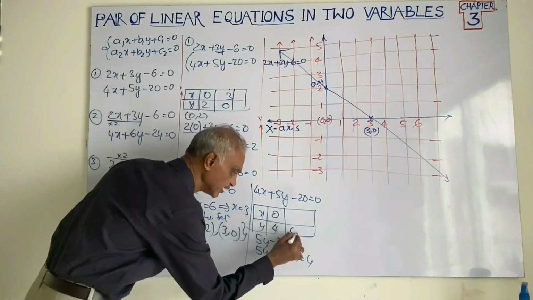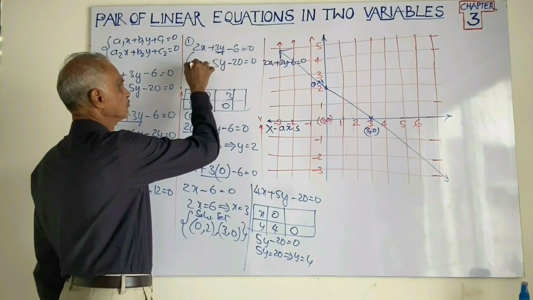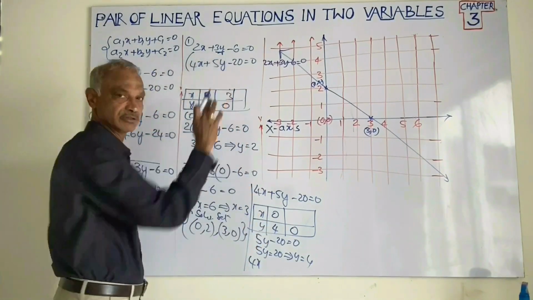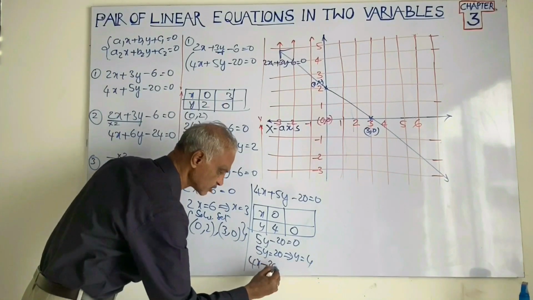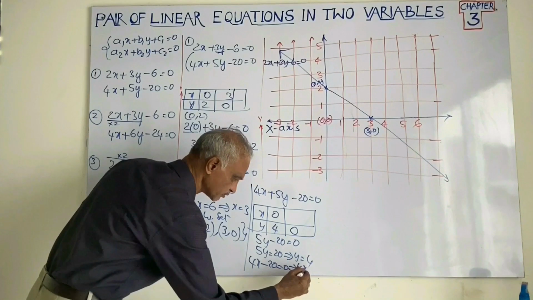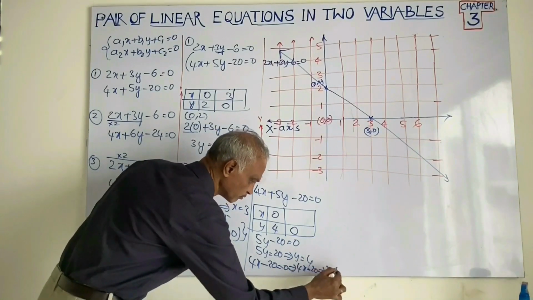Now you take y is equal to 0. Substitute y is equal to 0 in this: 4x plus 5 into 0, 0. 4x minus 20 is equal to 0. You will get 4x is equal to 20, so x is equal to 5.